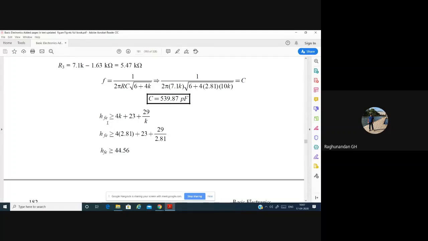Let us take a transistor and the shopkeeper tells the gain of this transistor is 40.